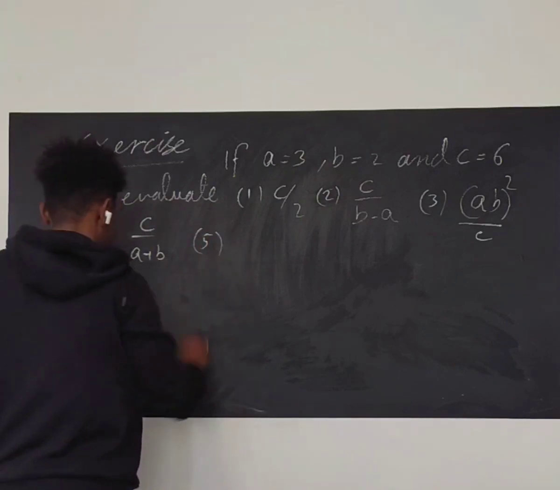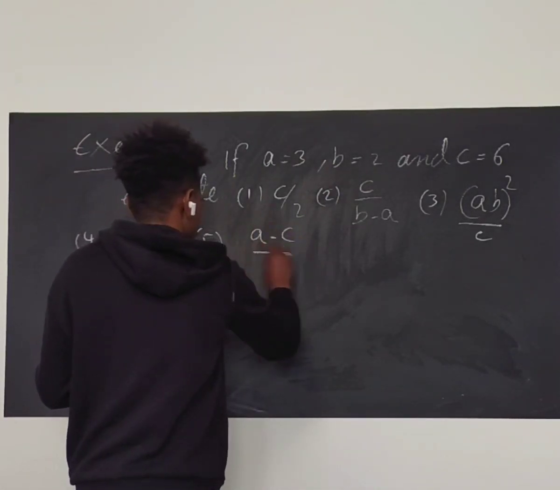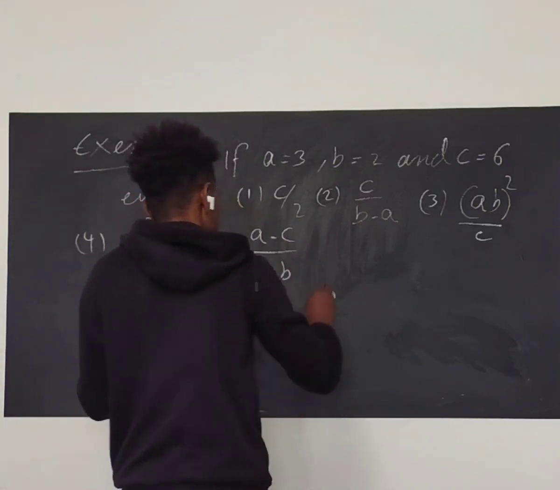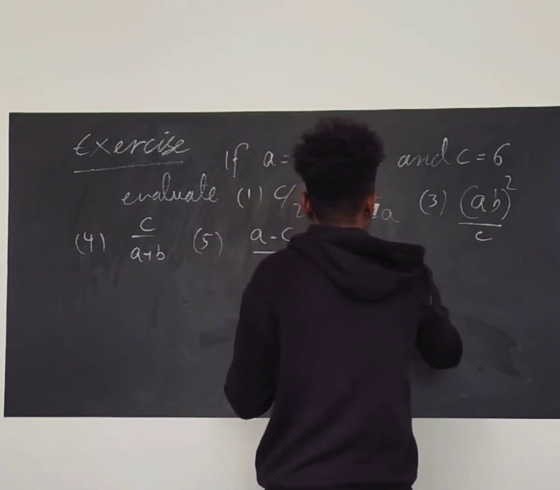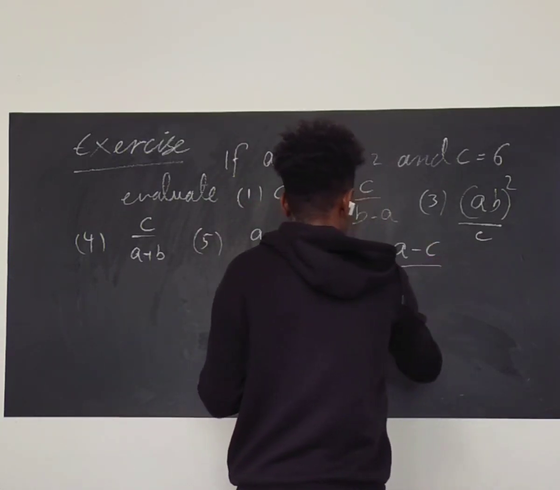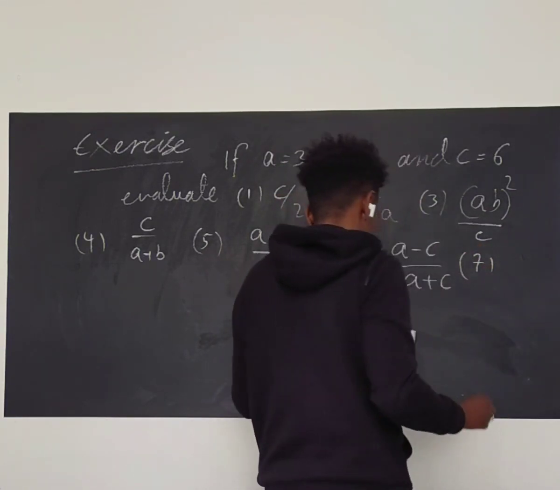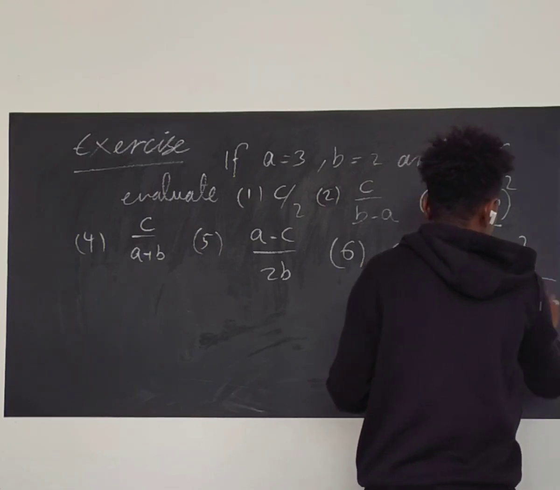5, a minus c over 2b. Number 6, a minus c over a plus c. Number 7, a squared over a minus b.